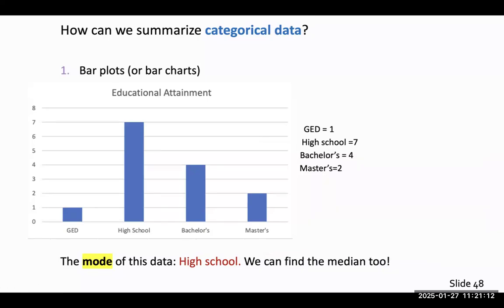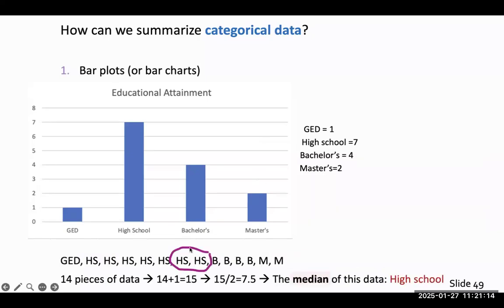We're able to find the median because I can write the data: GED, high school, high school. I wrote GED once, high school 7 times, bachelor's 4 times, and master's 2 times. I'm just using B for bachelor's and M for master's. Like we talked about earlier, we count how many pieces of data we have. Here I have 14 pieces of data.